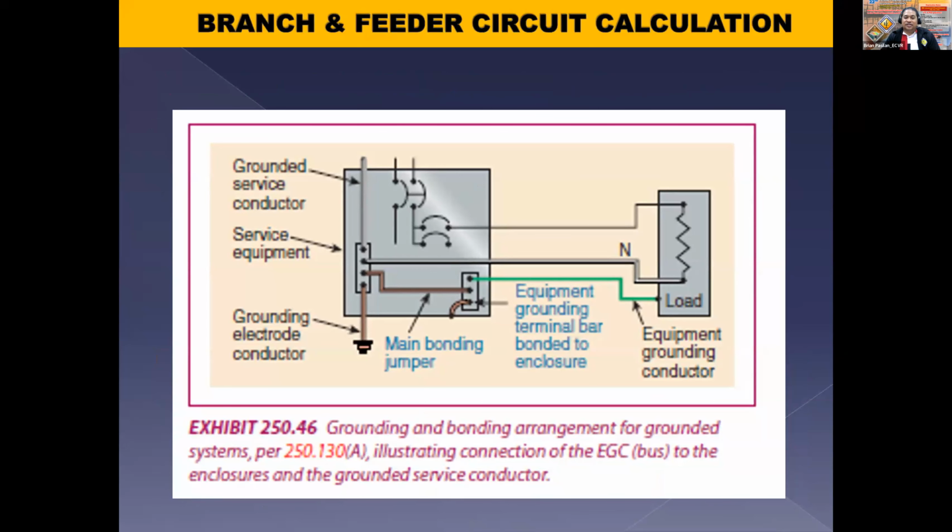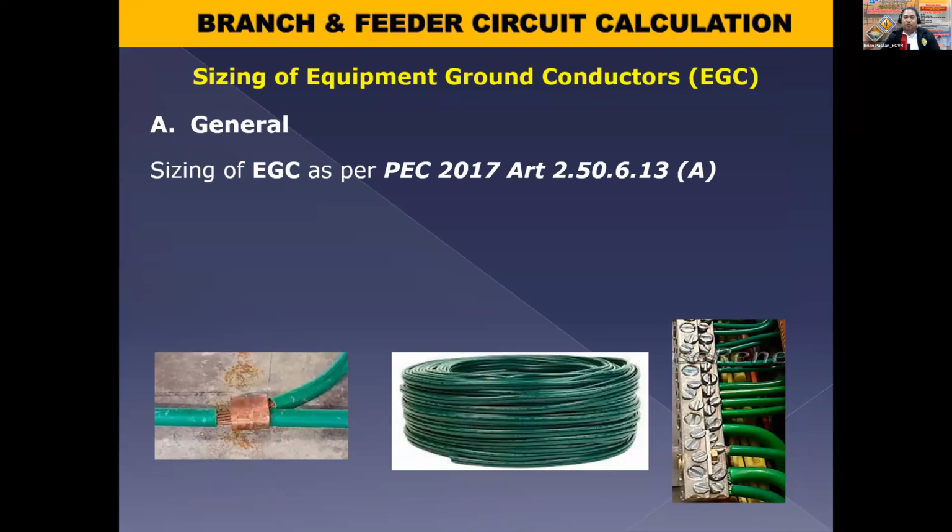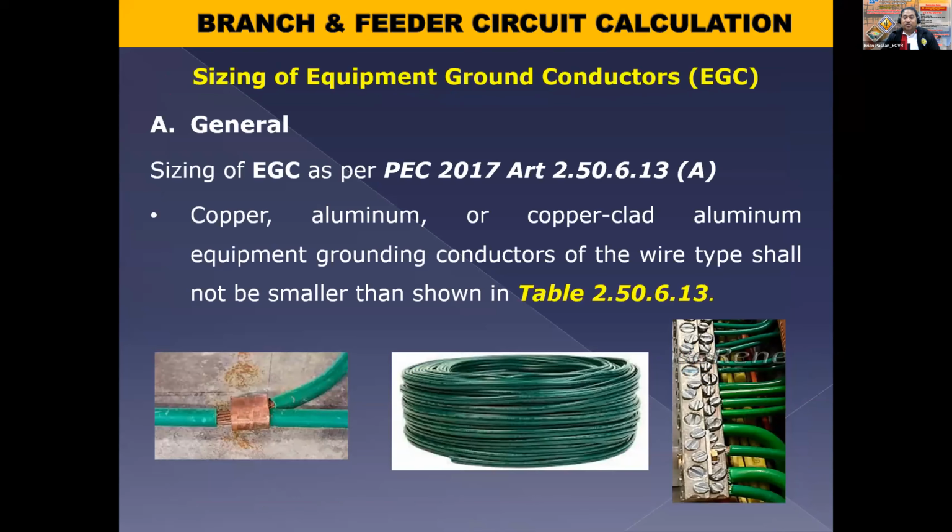So that's the importance of it, and then we have to properly size our equipment ground conductors na it could carry or has a really low impedance going back to the source, para mas malaking current yung dadaloy sa kanya, and our circuit breaker can see that fault current. Kasi pag hindi yan makikita ng circuit breaker natin, maliit lang yung current na dadaloy during ground fault, wala mangyayari sa breaker natin, hindi yan titrip.